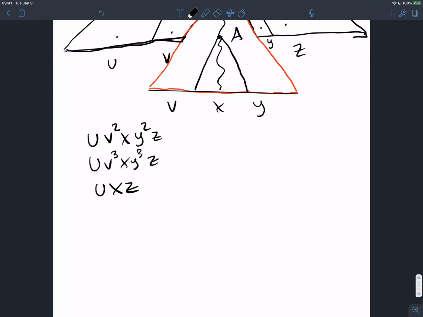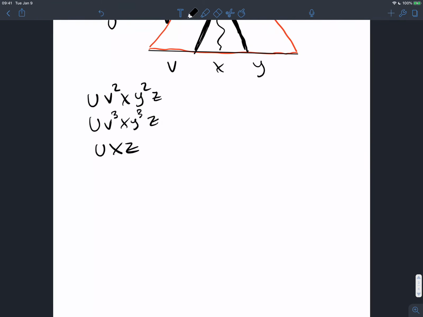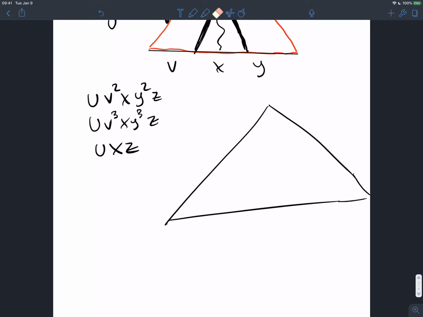Well, let's see. What if I just take this little occurrence of A right here, and I just move it up to where the original occurrence of A was. So the tree now looks like this instead. It actually doesn't look quite like that. So you got failed art.